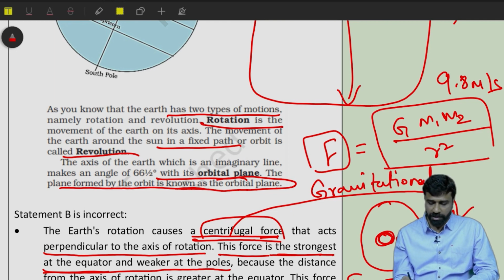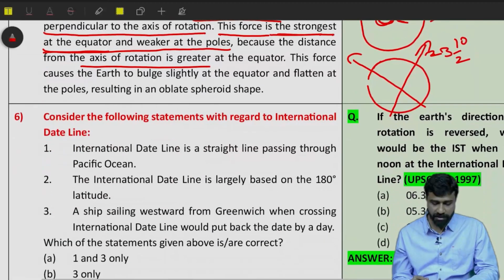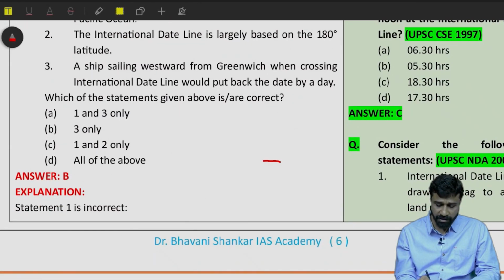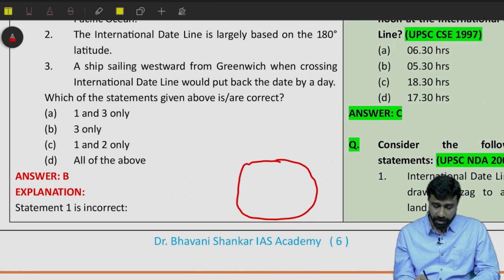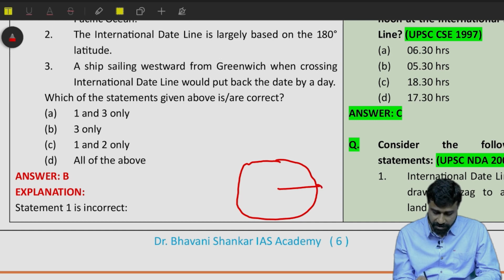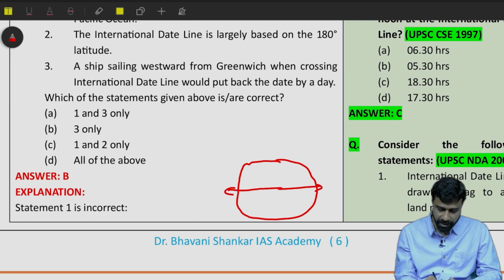For example, this is the radius of the Earth, a geoid shape. Here you have more distance, the radius is high; here the radius is less.